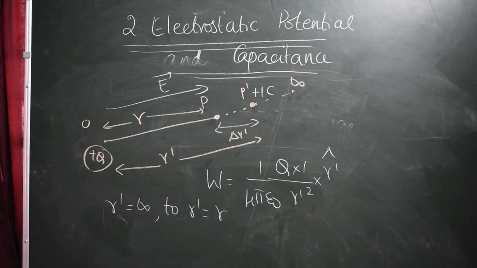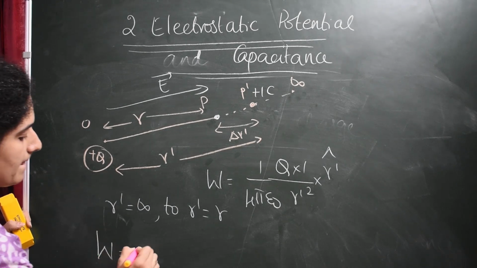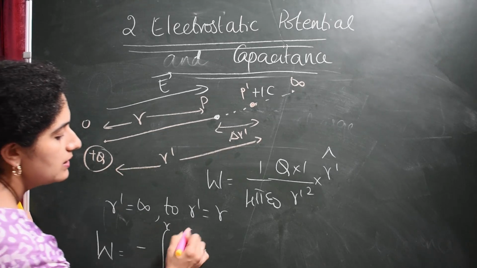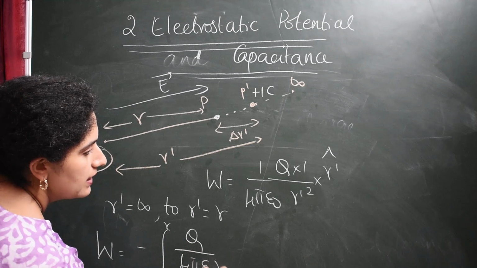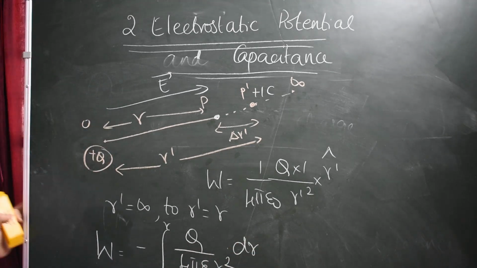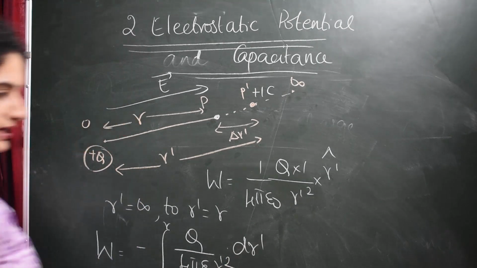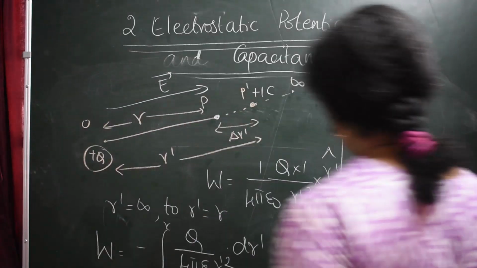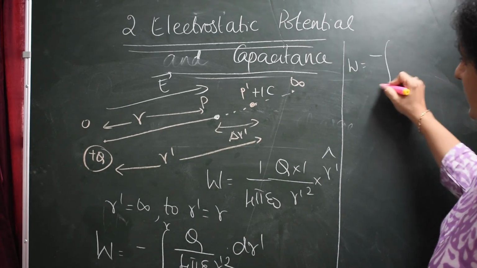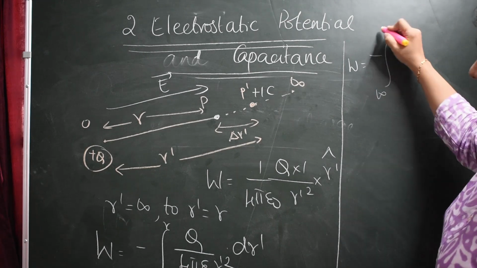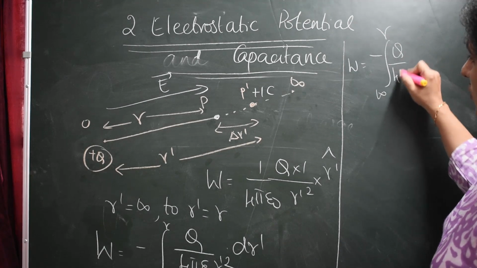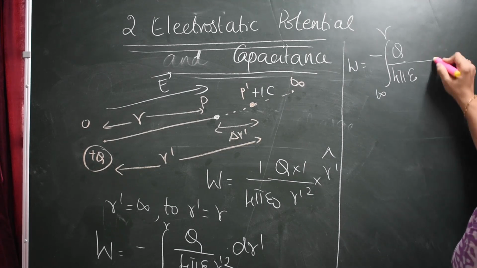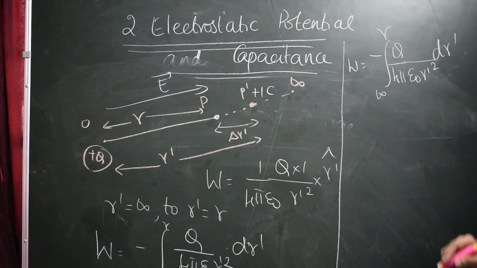So work done will be minus, from infinity to r, Q by 4 pi epsilon naught r dash square into dr dash. Since we are considering r dash, you can consider dash here also. So W is equal to minus integral of infinity to r, Q by 4 pi epsilon naught r dash square into dr dash.